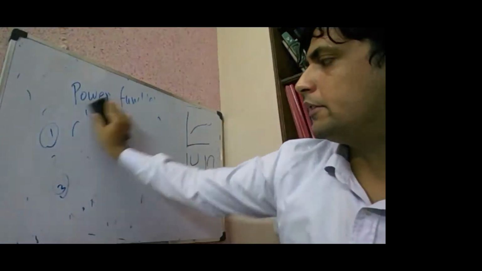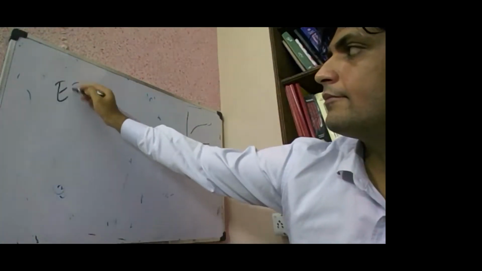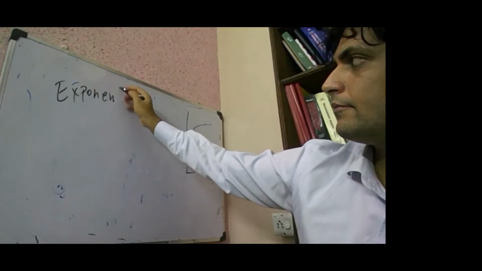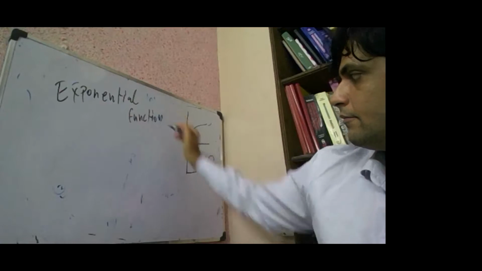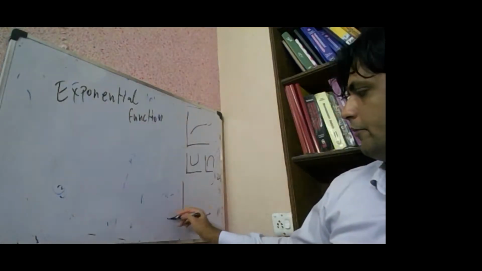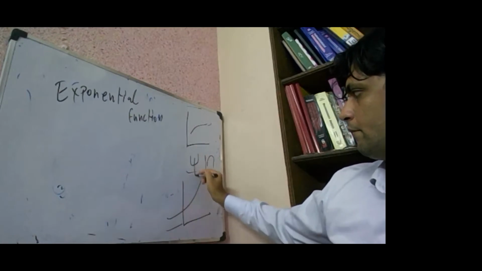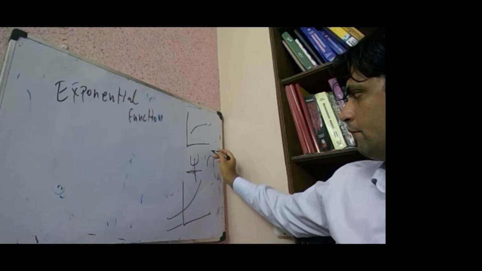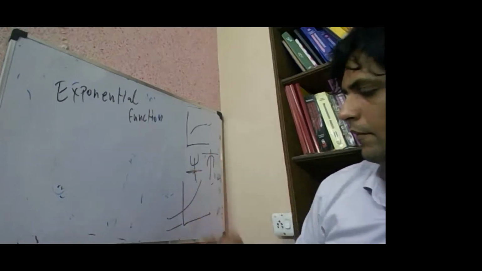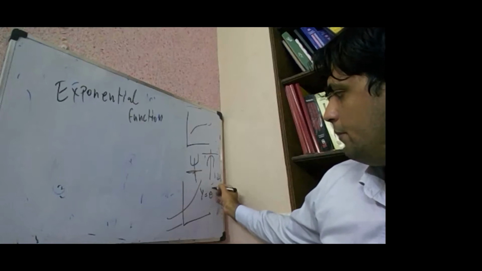Now the fourth function is the exponential function. This is how we draw it. We draw it like this. This is the exponential function, y equals e power x.